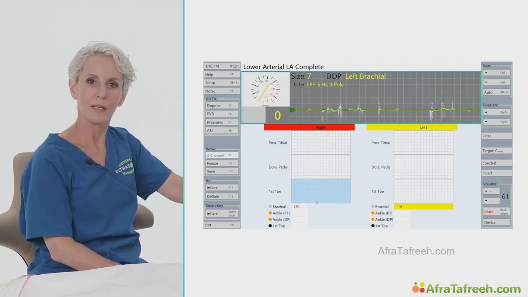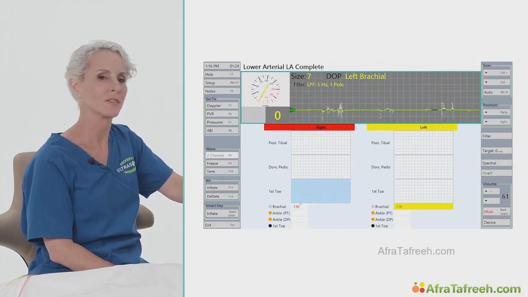I'd like to repeat the left brachial pressure one more time to make sure that this difference is real.